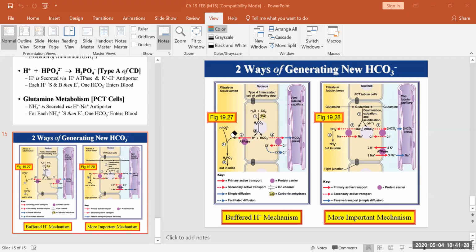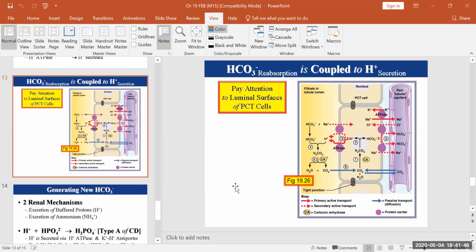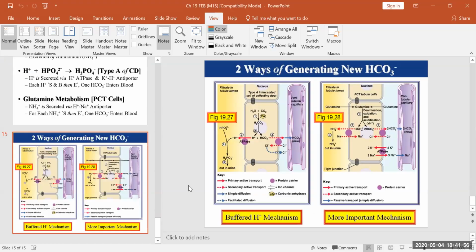Let me go there. So 19.27 is on page 558 in your book. Oh, the previous picture, sorry, I forgot. This picture here corresponds to 19.26 of your book, and that's on page 557. Okay, let's go back here. This one.